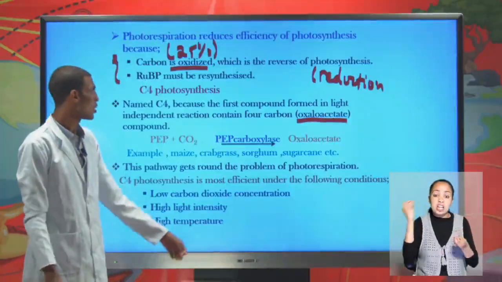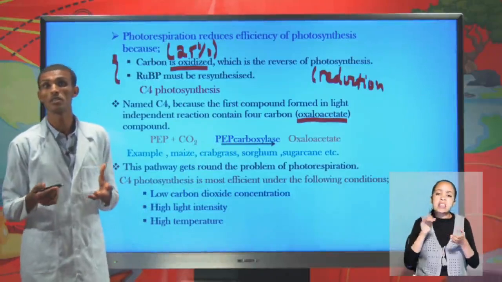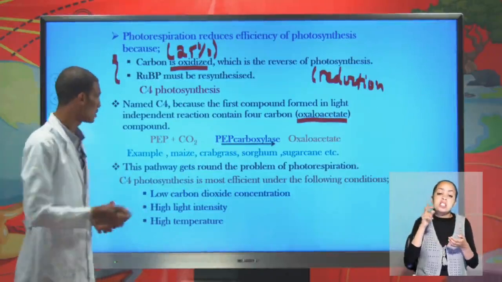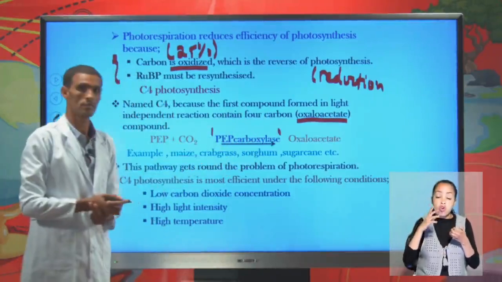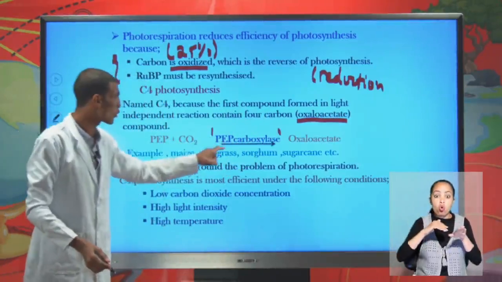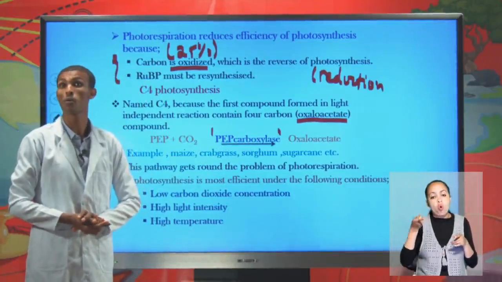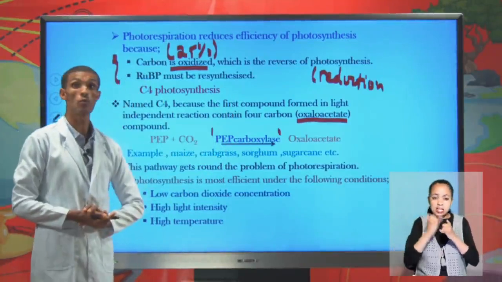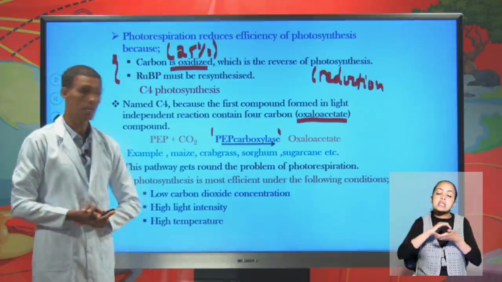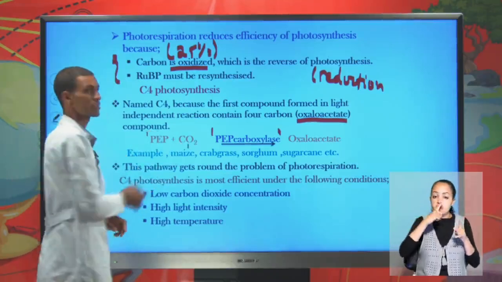In addition, we have seen there is an enzyme that catalyzes C3 photosynthesis. Here too, there is an enzyme that catalyzes C4 photosynthesis, which we call phosphoenol pyruvate carboxylase, or PEP carboxylase. As a result, the reaction is enzyme controlled.